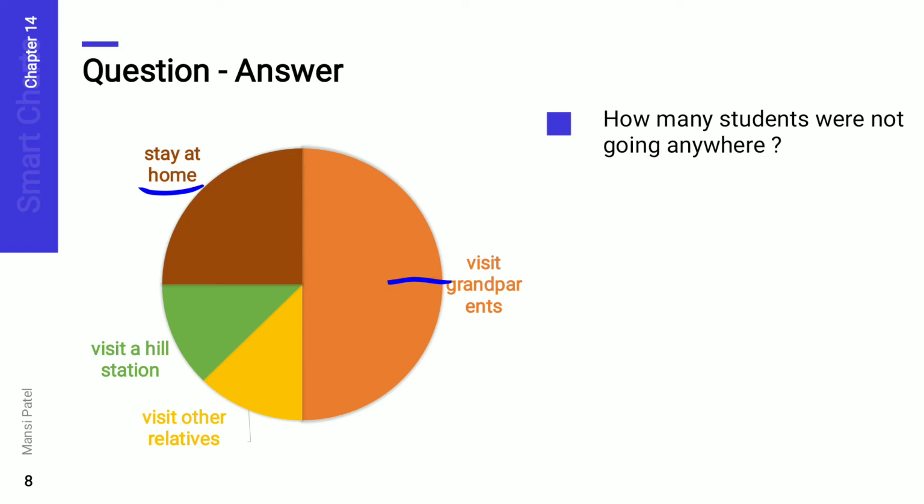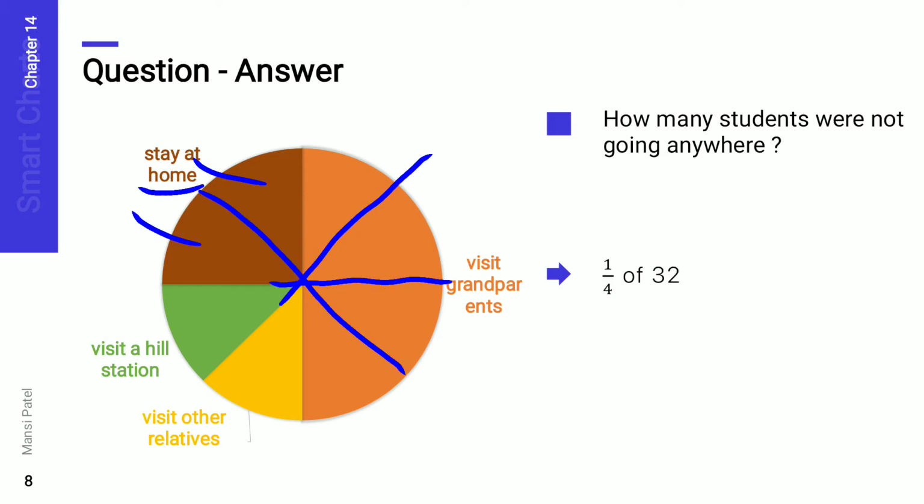So first again we make 4 equal parts, then we make 2 equal parts of all these. Now what is the fraction of staying at home? There are 2 parts. So the fraction for staying at home is 2 upon 8.